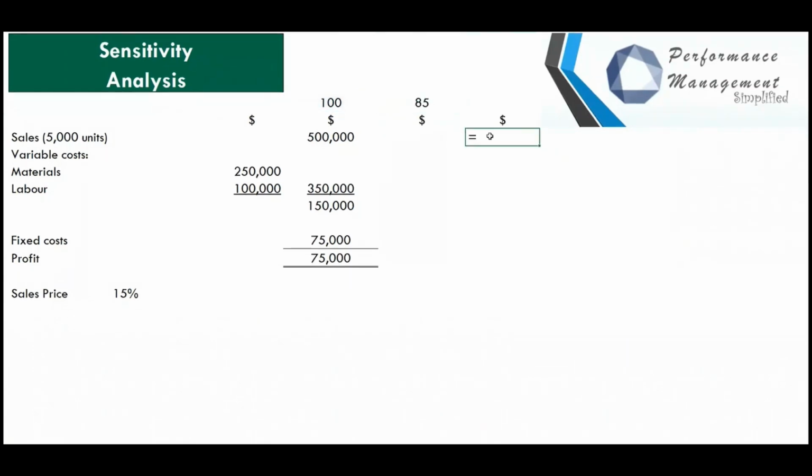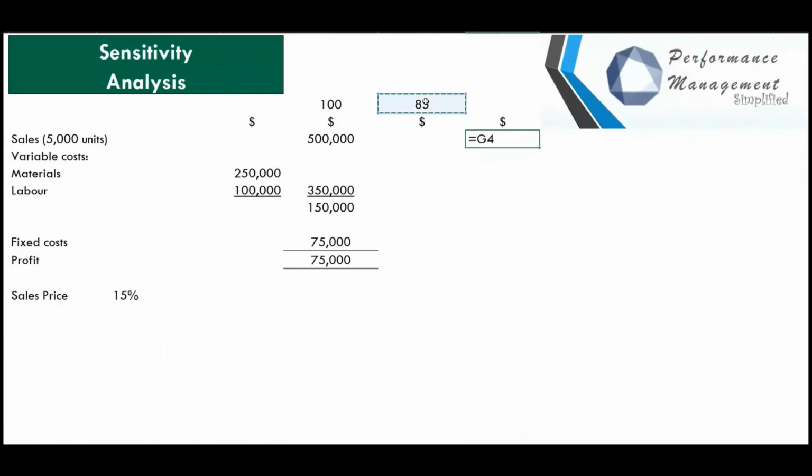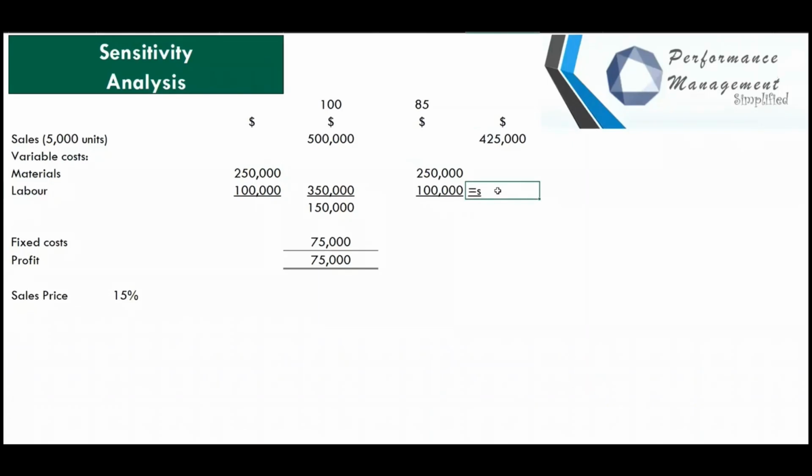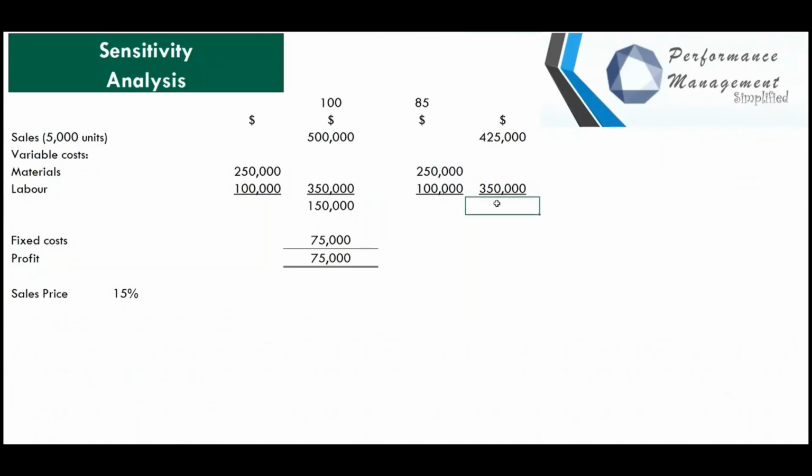The new sales value will then be 85 multiplied by the quantity of 5,000, which is 425,000. If the projected cost remains exactly the same, my material and my labor being exactly the same, then my projected variable cost will remain 350,000.